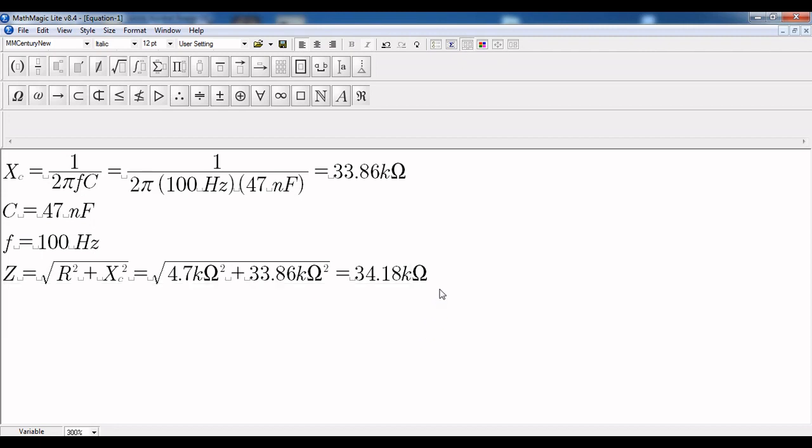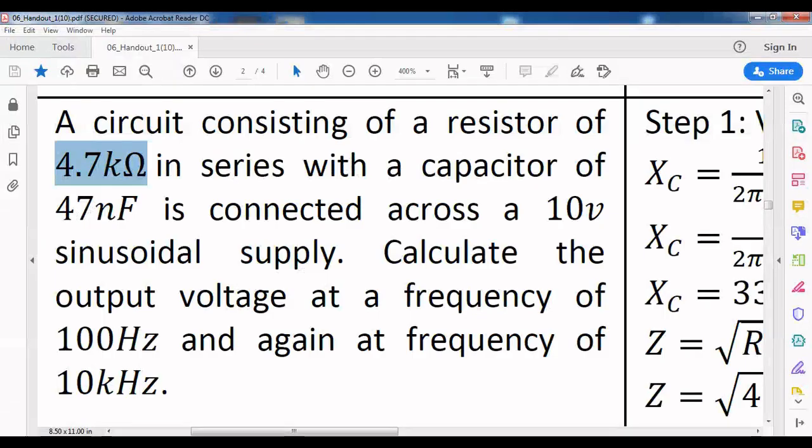Nice. Now, once we are able to get Z, we will now be able to actually determine the voltage output.